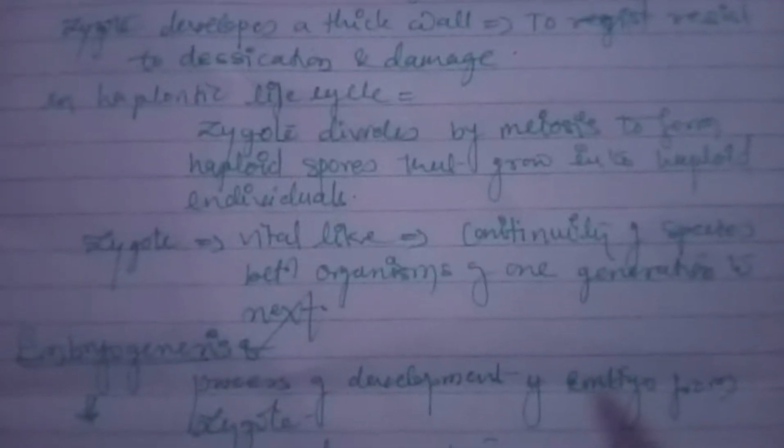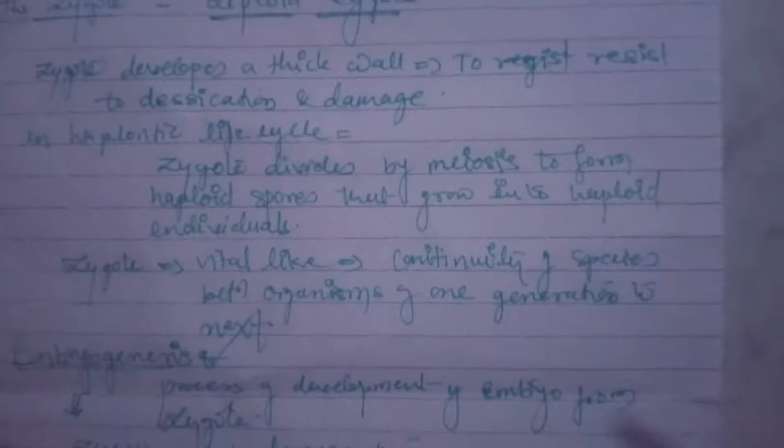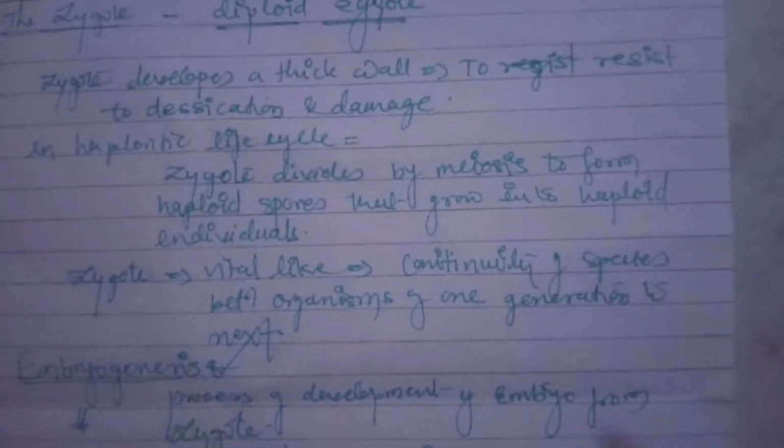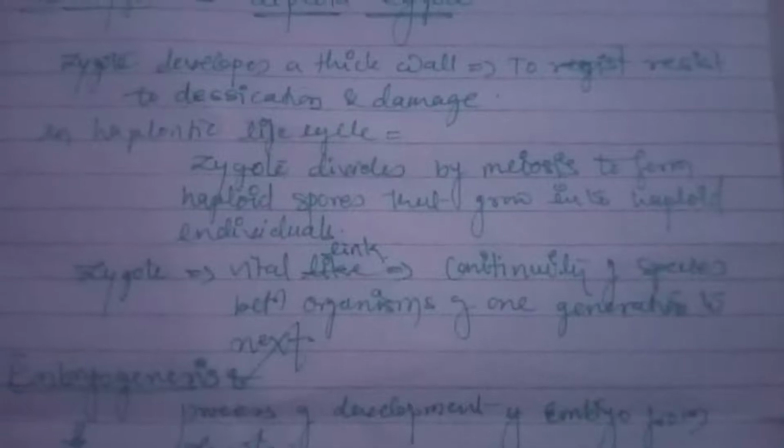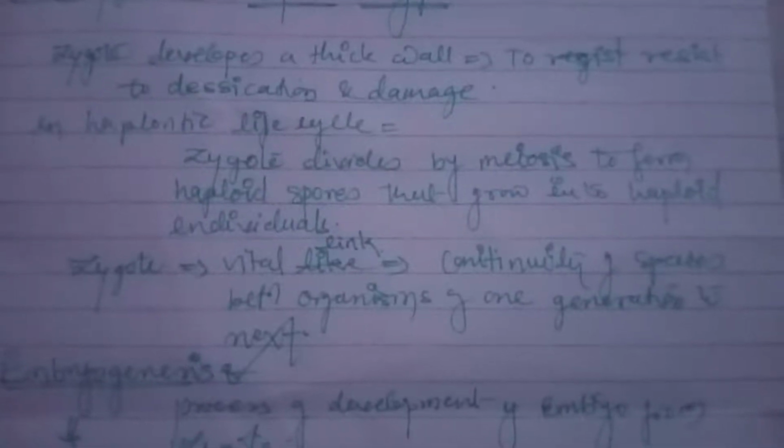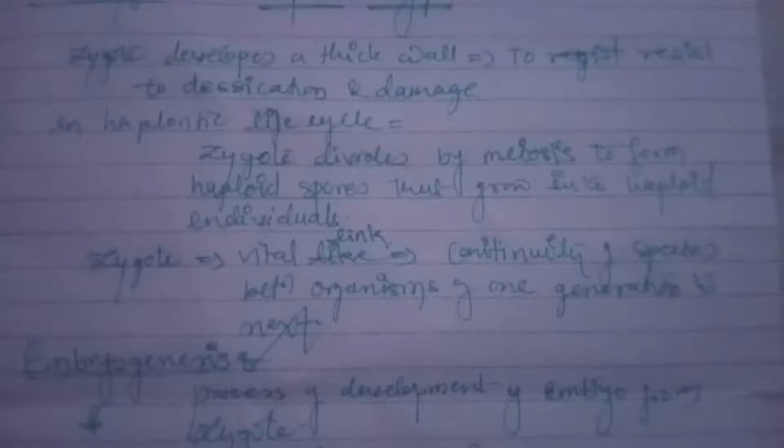Okay, now next we are going to go for the importance of zygote. What is the zygote? The zygote is a vital link for the continuity of species between the organisms of one generation to the next generation.